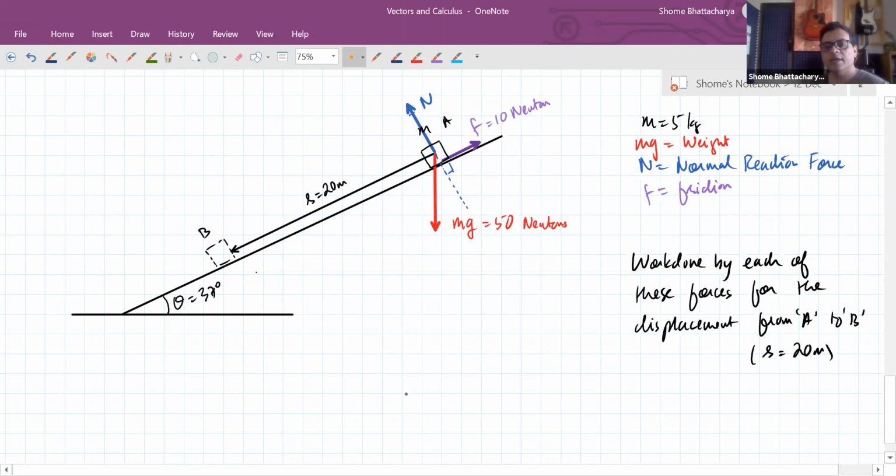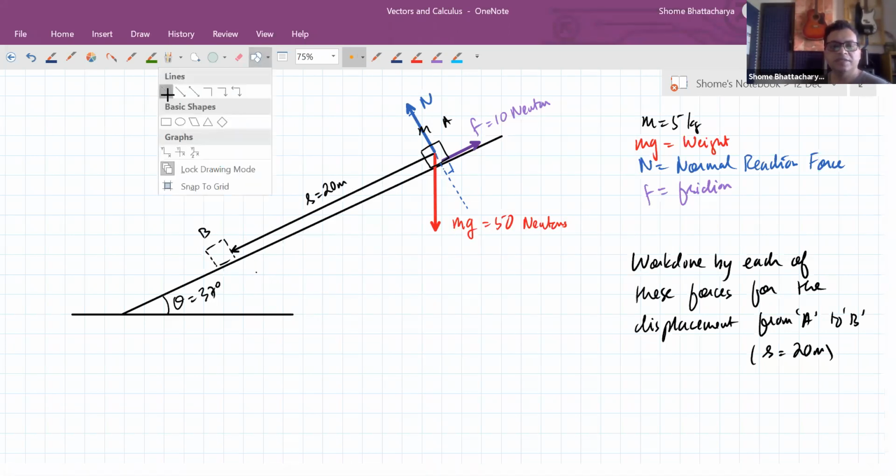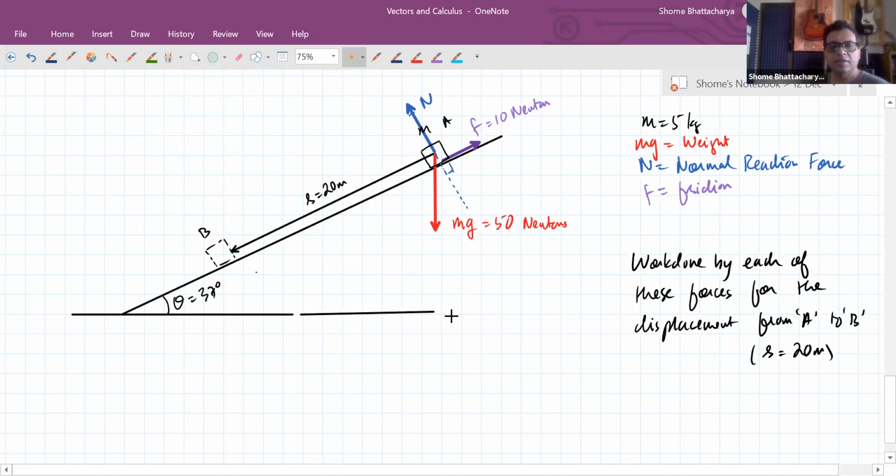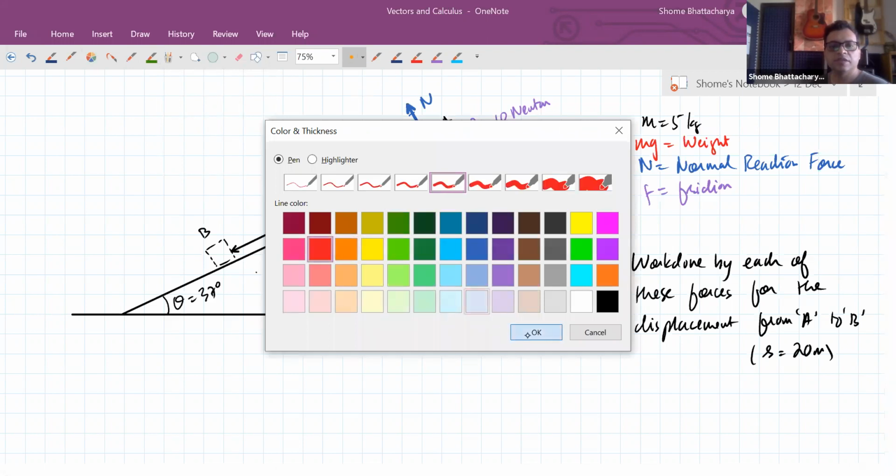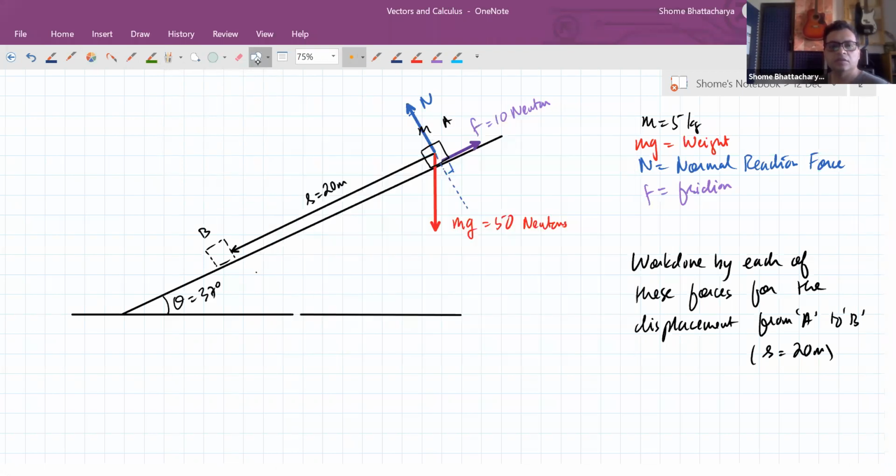Okay. So now to calculate work done by each of these forces, I need to calculate the angles. So this is where this diagram becomes important now. If we extend this line and also extend the line along which the gravitational force is acting, which is the vertically downward line, this line over here.